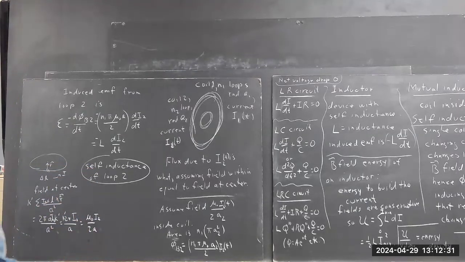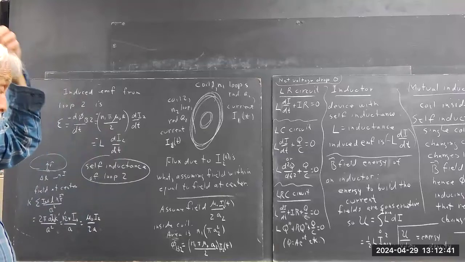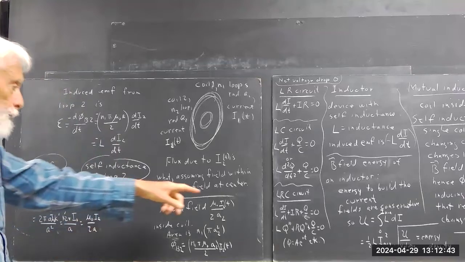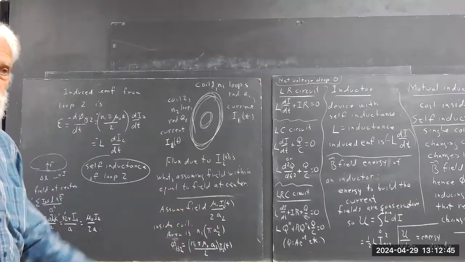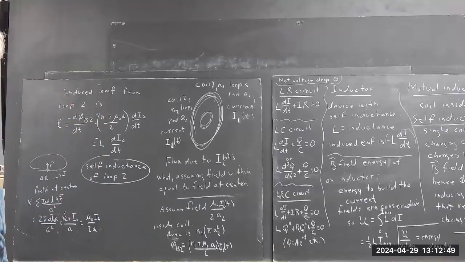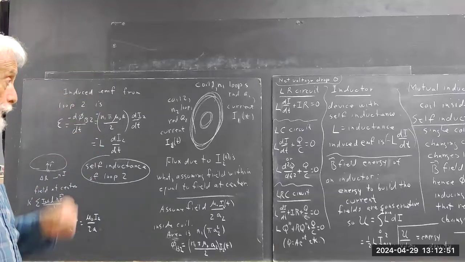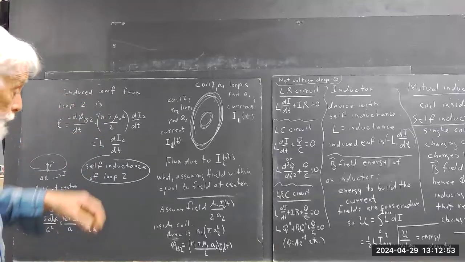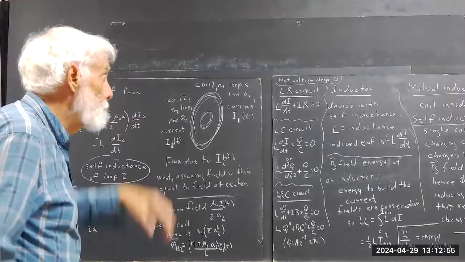If we had a solenoid, we'd use Ampere's law to get the magnetic field, figure out what the magnetic field is as a function of the current, and take its derivative. And we would then very quickly get the inductance. I'm pretty sure your text does that in some of the examples.